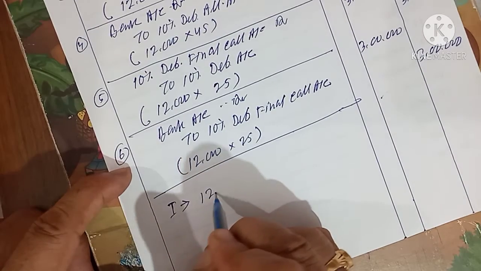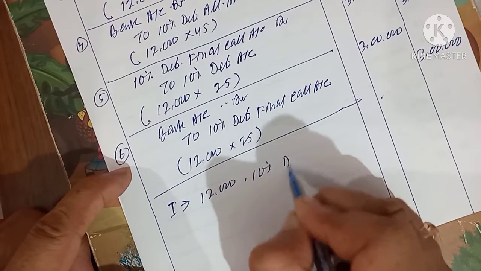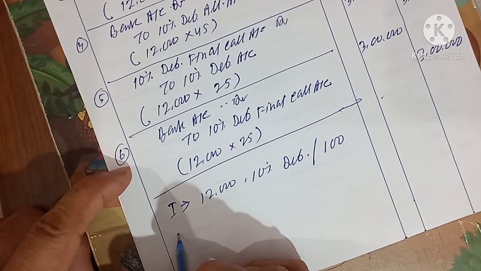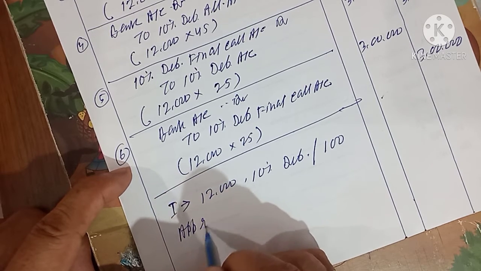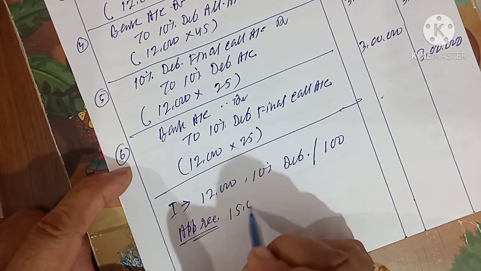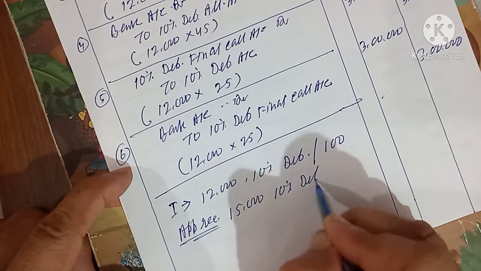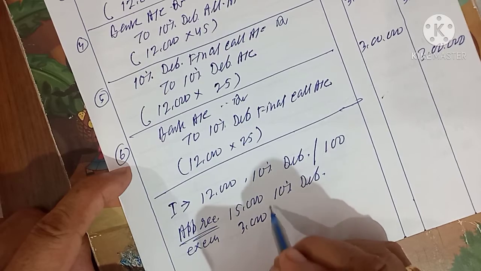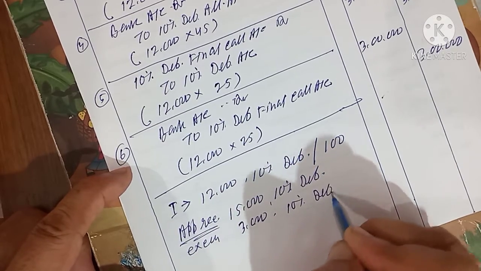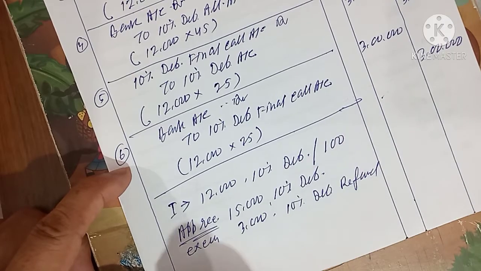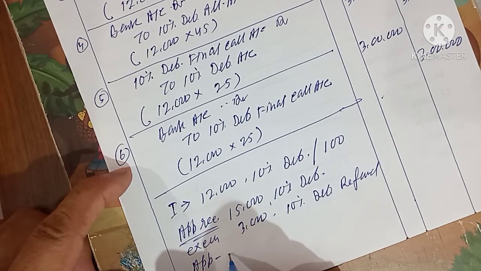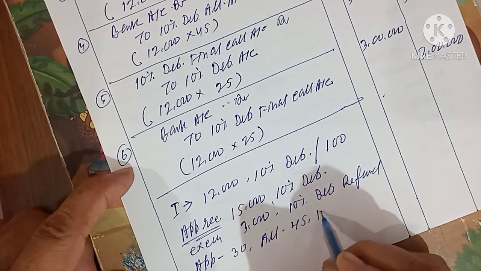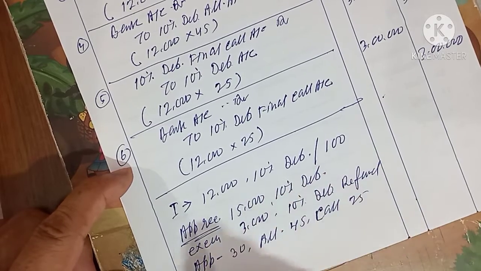Issue 12,000 10% debenture at rupees 100, that was issue, and applications receipts 15,000 10% debenture, excess 3,000 10% debenture, that is refund, and it is given application I think 30 rupees, allotment 45 and call it is 25.